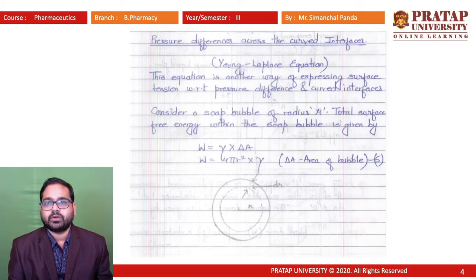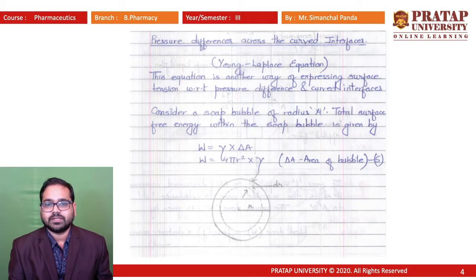Now we are going to derive the pressure difference across the curved interface from the Young-Laplace equation. The equation is another way of expressing surface tension with respect to pressure difference across curved interfaces.